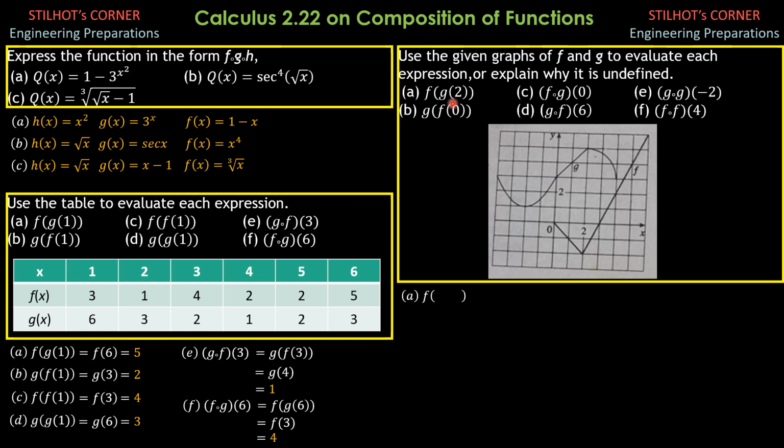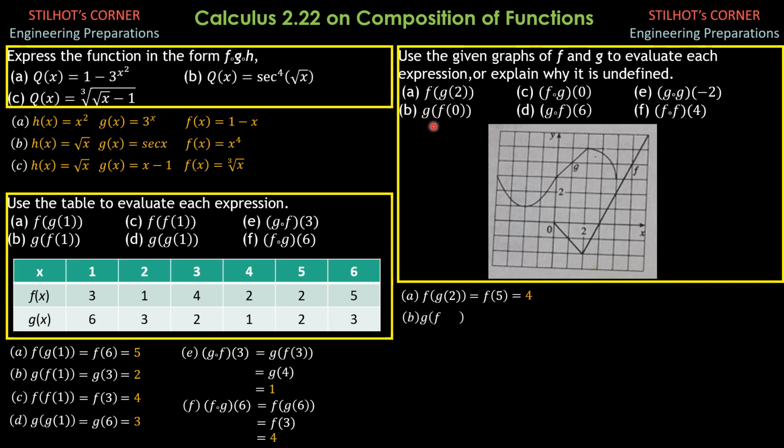Part A is the same as f of 5. And f of 5 is 4.